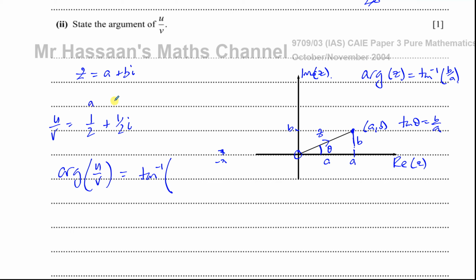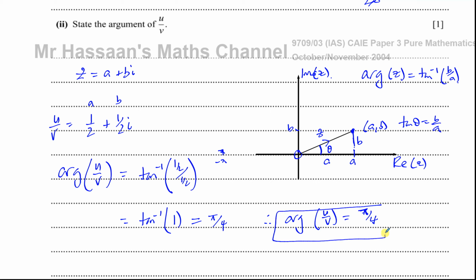This is your a part, this is your b part. It's going to be half divided by half, which is equal to the inverse tan of 1. And we know that the inverse tan of 1 is pi over 4. So the argument of u over v is equal to pi over 4, 45 degrees. There's the answer to part 2.